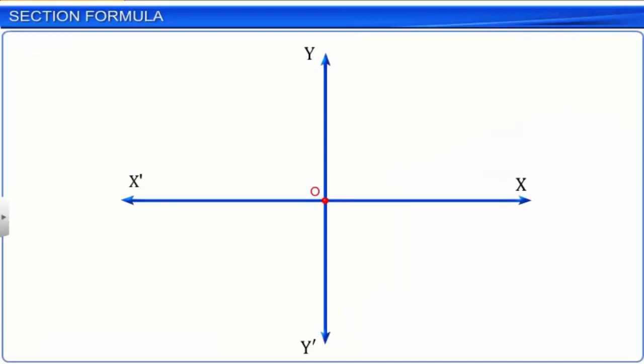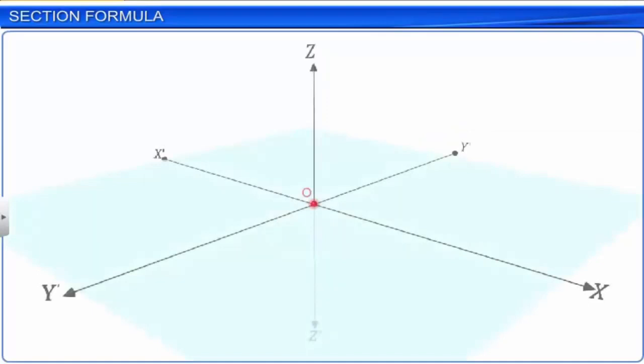In two-dimensional geometry, we saw how to find the coordinates of a point that divides a line segment in a given ratio. In this module, we will explore how the coordinates of a point that divides a line segment in space are found. Let AB be a line segment in space. We have another point C on AB, which divides the line segment into 2 parts in the ratio m:n.